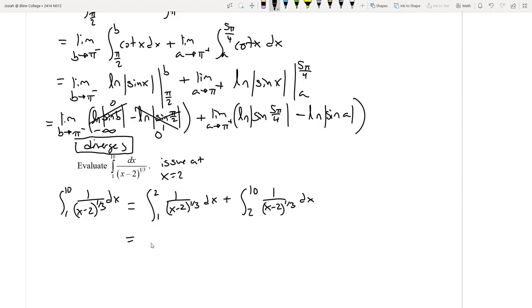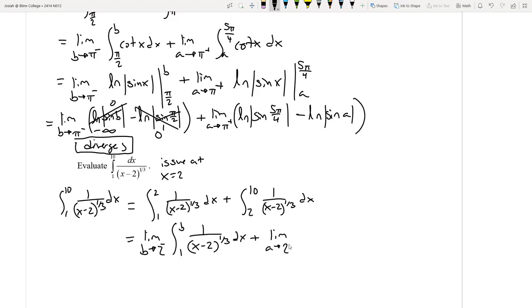And so we'll have to introduce two different limits here. First, the limit as it's replacing 2 here, so b approaches 2. It's replacing an upper limit, so we'll go ahead and come at it from the left. So 1 to b. And then our other limit will be replacing the bottom there, so we'll go ahead and let that be a.